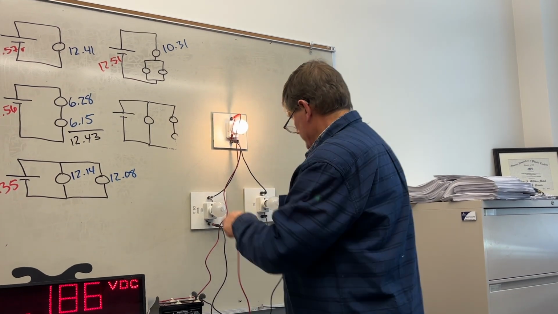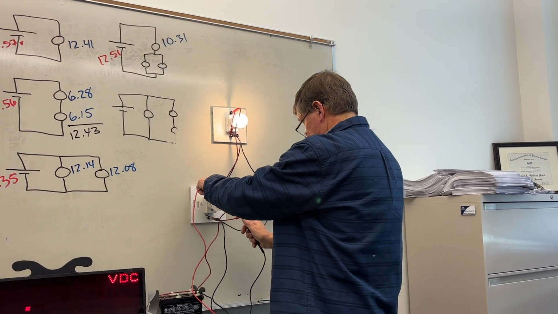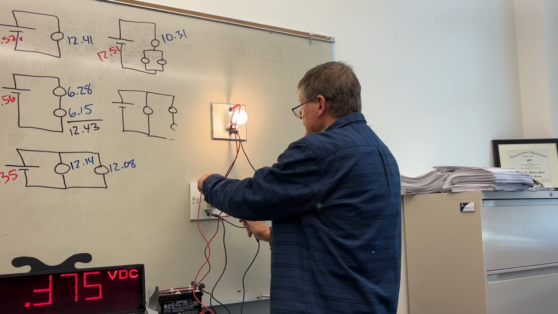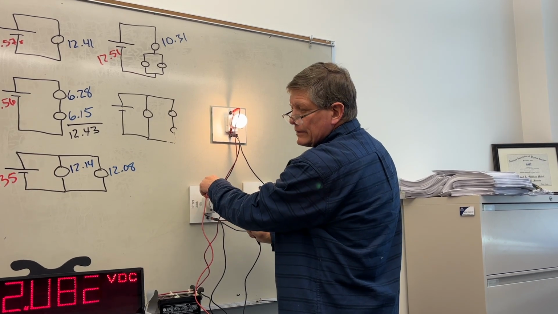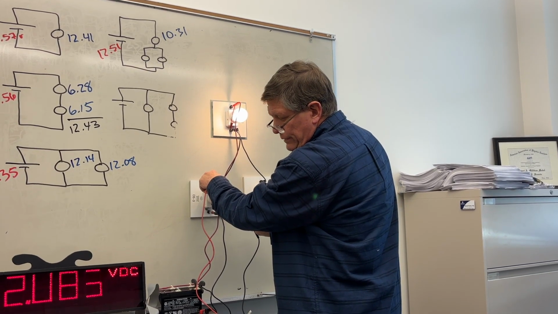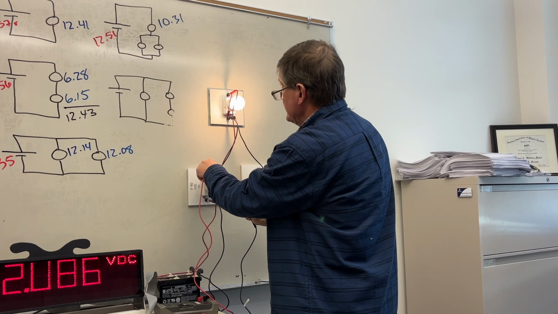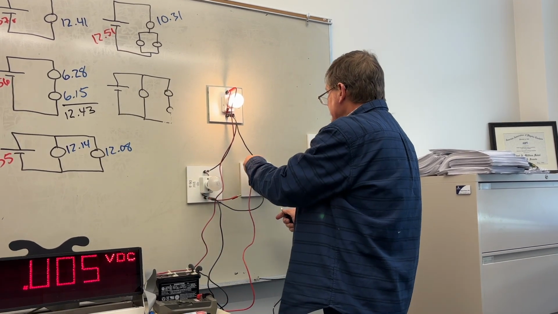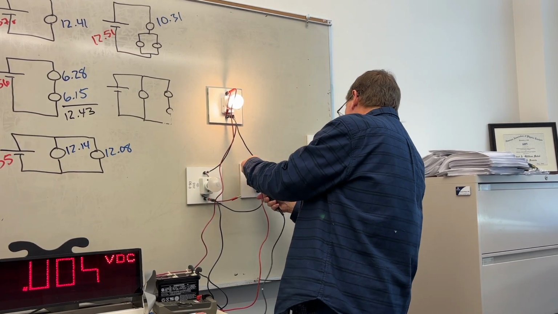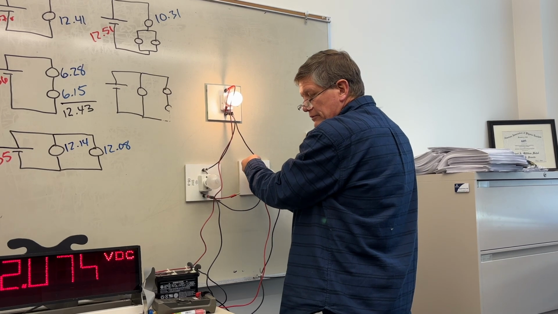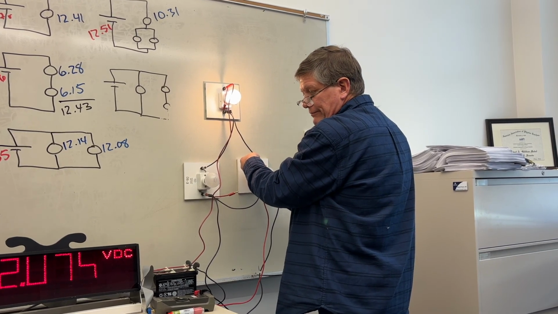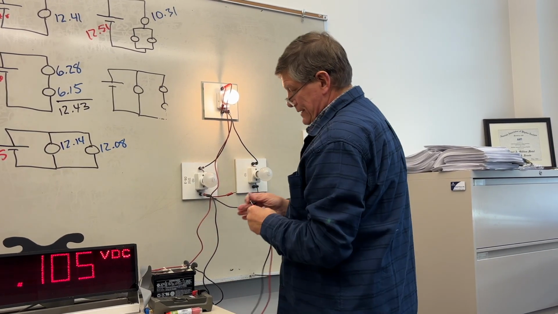And now we'll do it across each of these bulbs here. 2.08 and 2.075. So 2.08 either way.